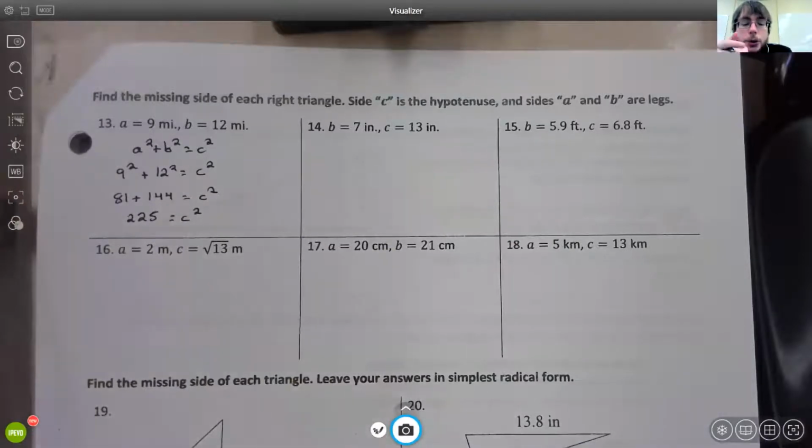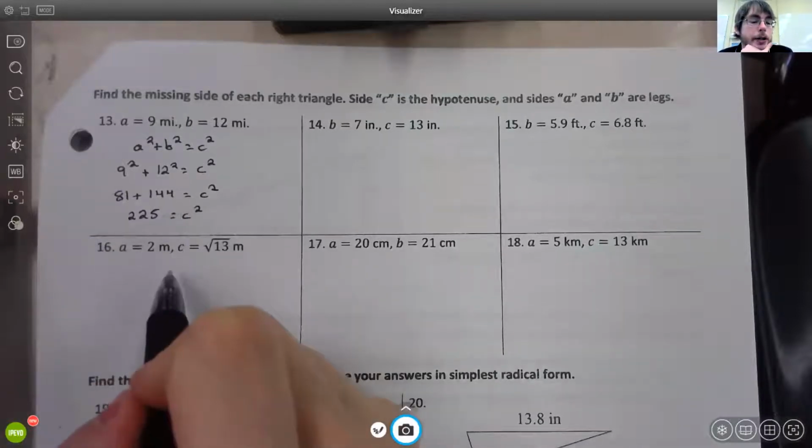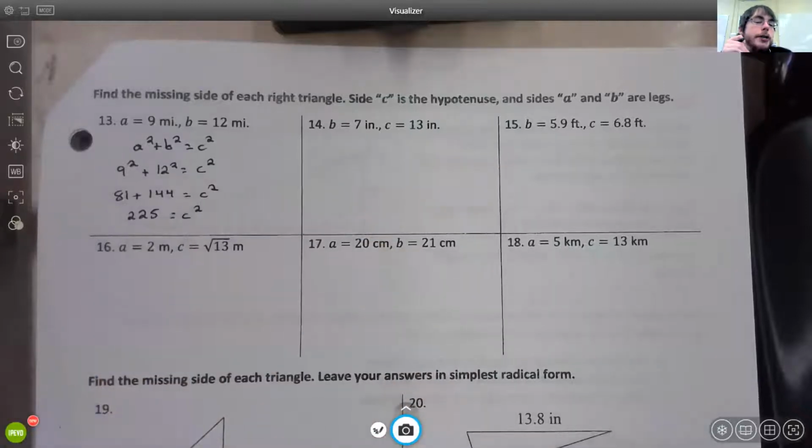Now, 225 equals c squared. What you have to do here is get rid of that squared somehow. Just like when you're solving an equation, if you had x plus 4 equals 5, you would subtract the 4 from both sides because you would have to do the opposite. Well, if you have c squared, you have to do the exact same thing.